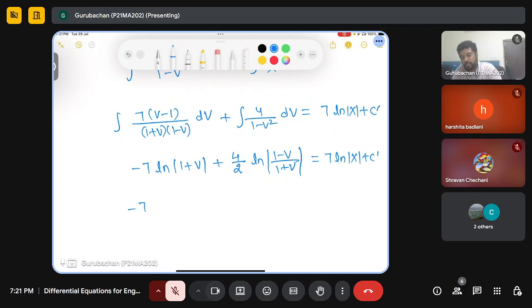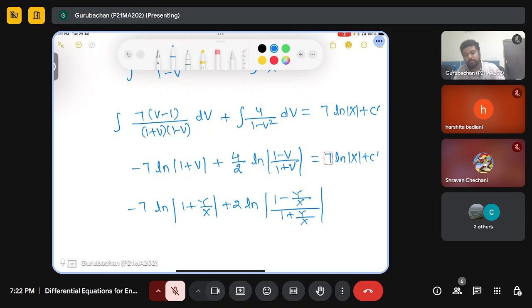So this will be minus 7 (1 plus y by x) plus 2 times, sorry, (1 minus y by x)/(1 plus y by x), equal to 7 ln mod x plus c dash.